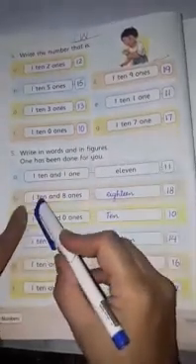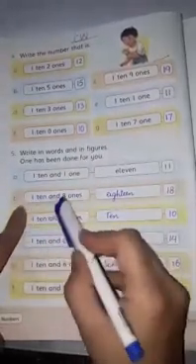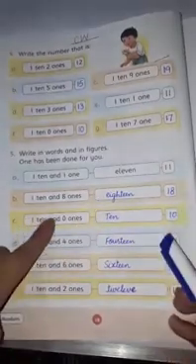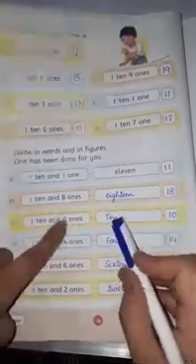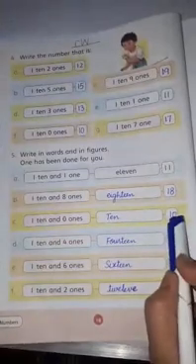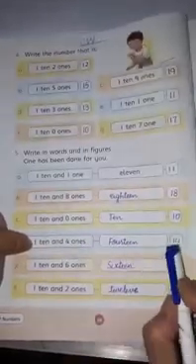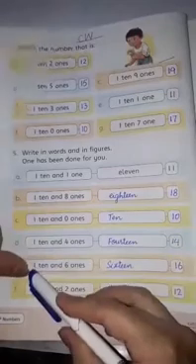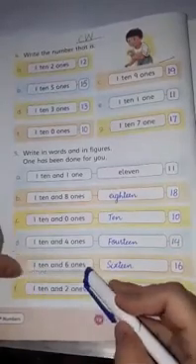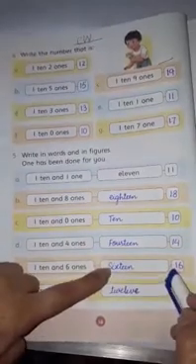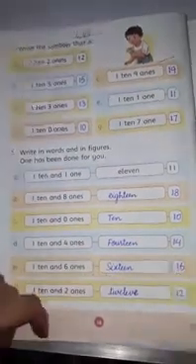So in B part, 1 ten and 8 ones means 1, 8, 18. So you write 18 in alphabets and 18 in numbers. 1 ten and 0 ones mean 1, 0, 10. 1 ten and 4 ones mean 1, 4, 14, and 14. 1 ten and 6 ones mean 1, 6, 16, and you write it also in numbers, 16.